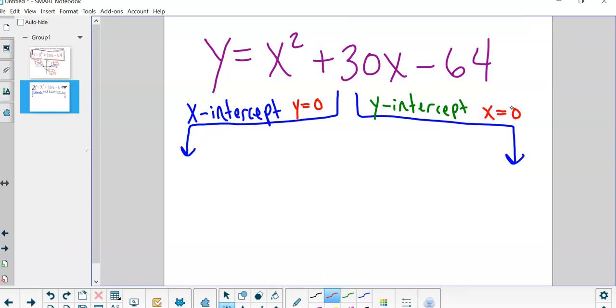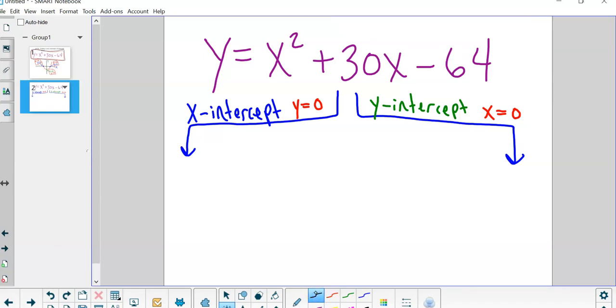When you guys are working this out on a sheet of paper, I highly recommend that you start it out like this. Write what the equation is that you're trying to factor first. Then show an arrow going in this direction to find the x-intercepts, and an arrow going this way to find the y-intercepts. Otherwise, this can get a little bit unorganized.